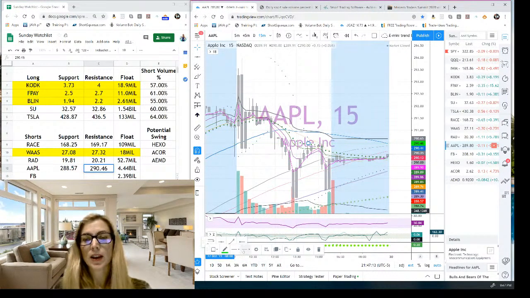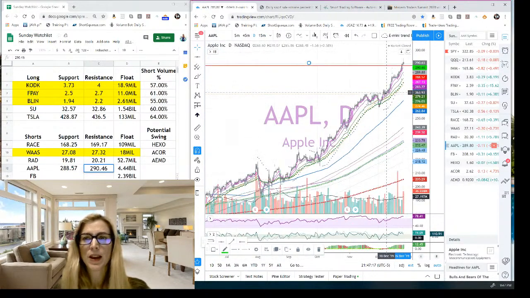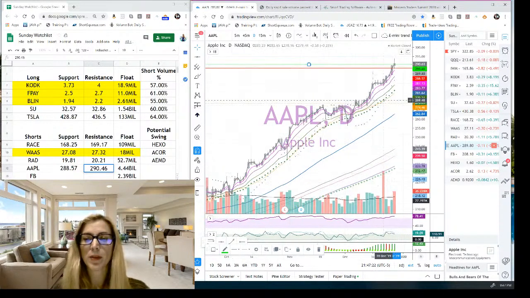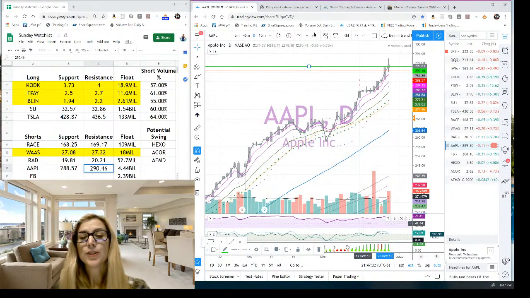All right. Okay. So we've got Apple, right? Apple had this nice rip, was tearing up. This is paper trade right here and right here, showing people how to use it. So we're far away from the averages. We have selling power at the top, higher than normal volume when we're up at the top. I don't necessarily use RSI to get into a trade or out of a trade, but I do look at it.